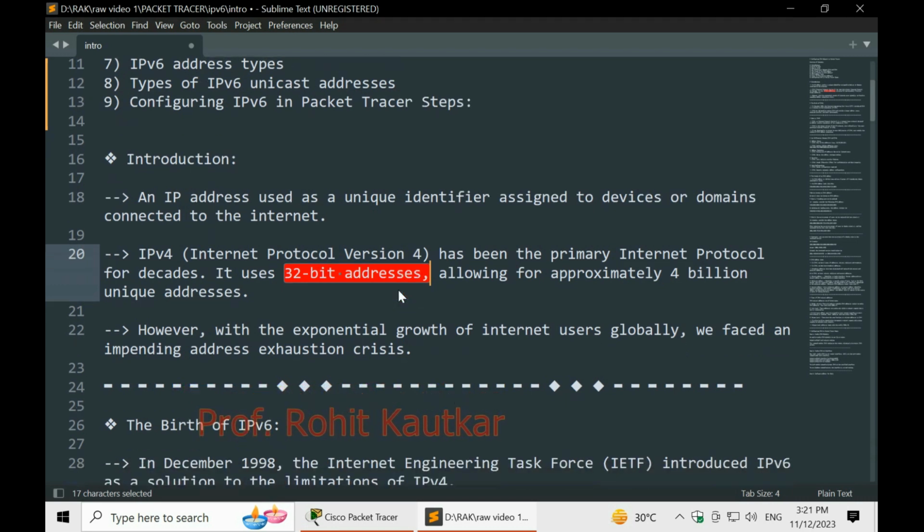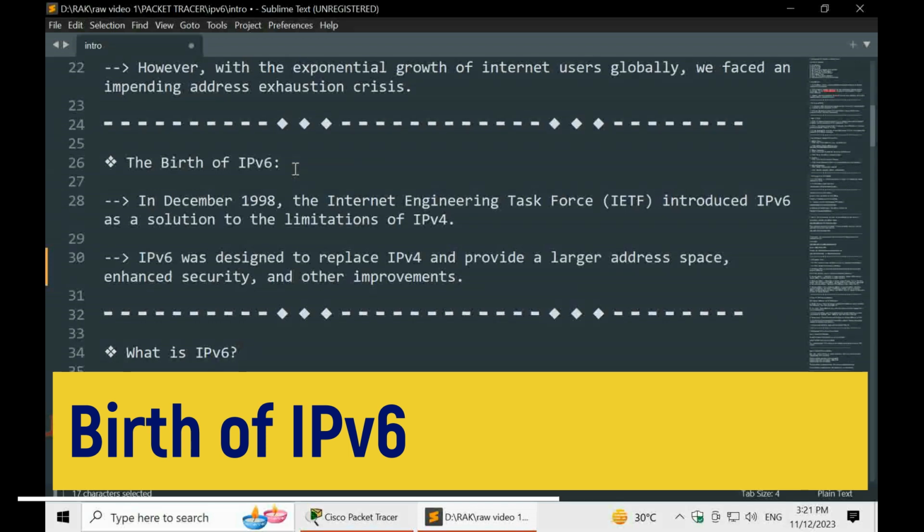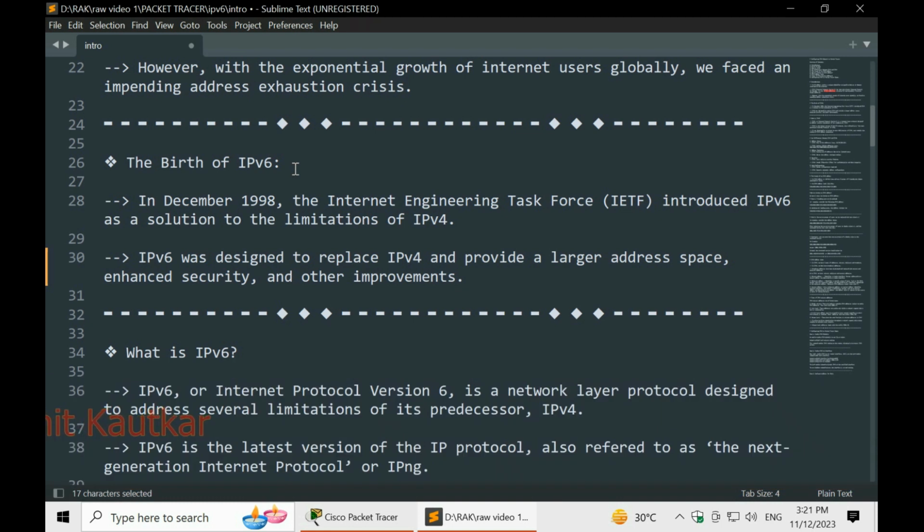So as a solution, IPv6 entered the picture. In December 1998, the Internet Engineering Task Force introduced the next version of IP, that is IPv6, as a solution to the address exhaustion crisis of IPv4, or the address depletion problem of IPv4.